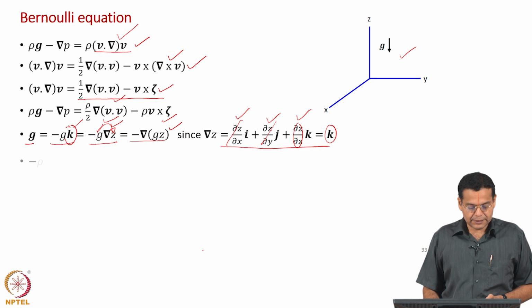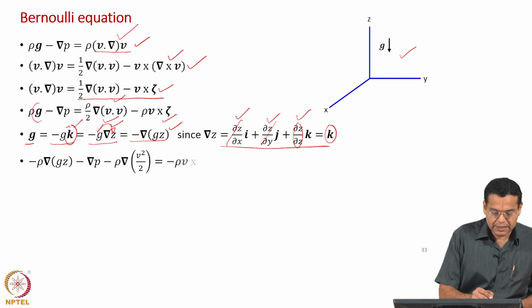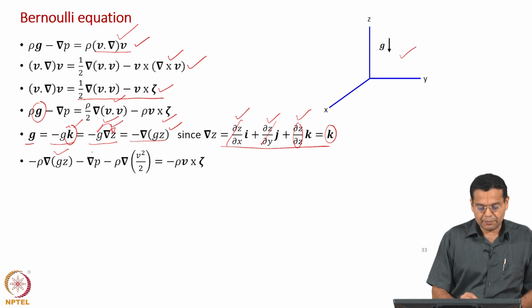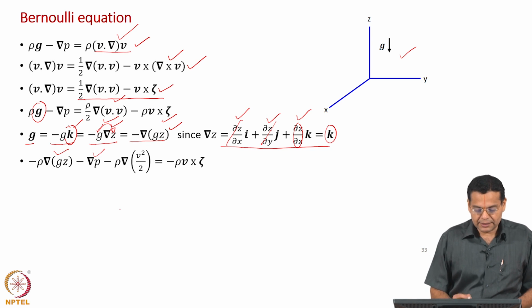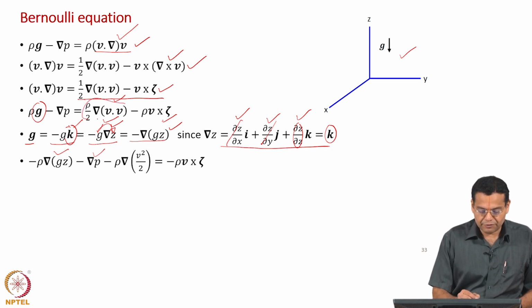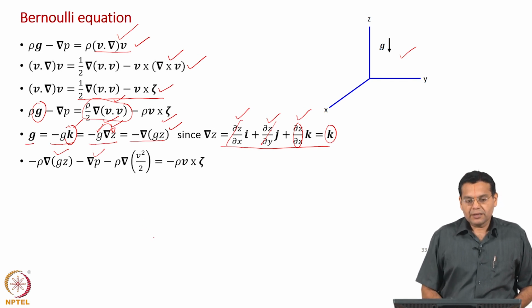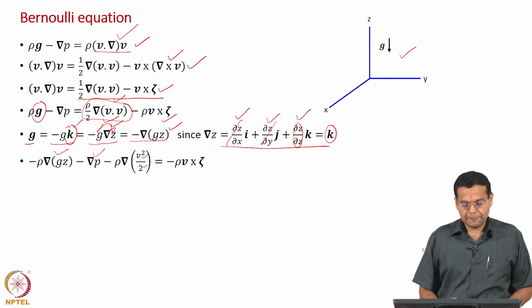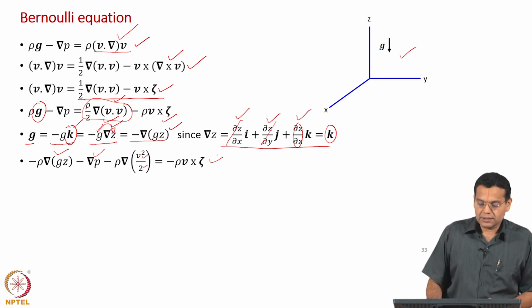Now let us substitute this in the above equation. The g vector is replaced by minus gradient of g z, and then of course we have minus gradient of pressure. Then what I have done here is brought this term to the left hand side, so I have minus rho, and V dot V is of course the magnitude of velocity squared, V squared, with the 2 taken inside. The right hand side is left with minus rho V cross the vorticity vector.